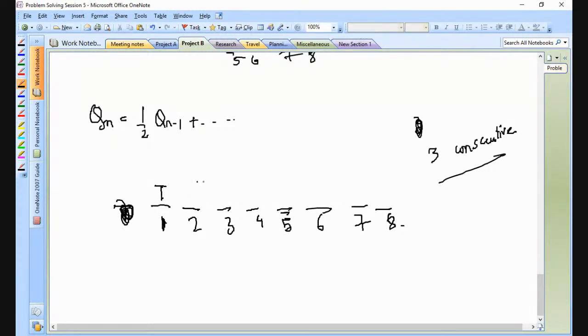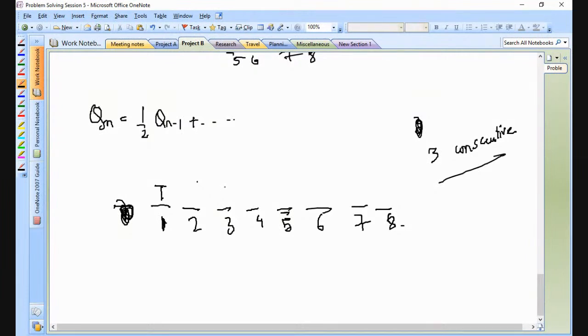Then I can have either 2 cases: tail head or head tail, the cases of one head coming in the sequence. So that would be A_{n-2} cases. And then I'll be having 2 heads cases. This is nothing but P of A intersection B, as these are 2 independent events.